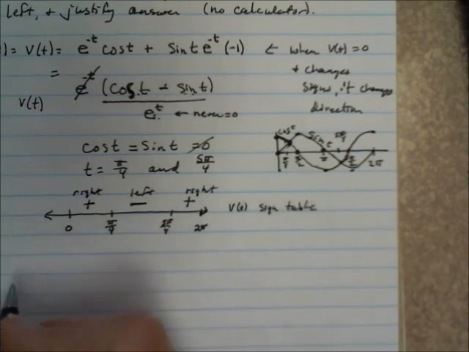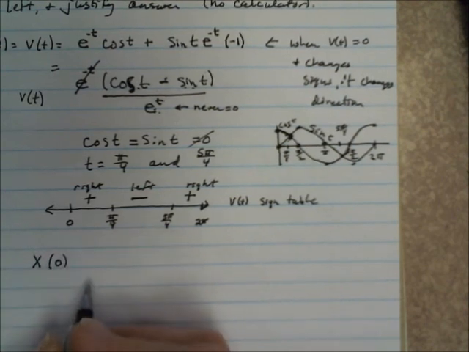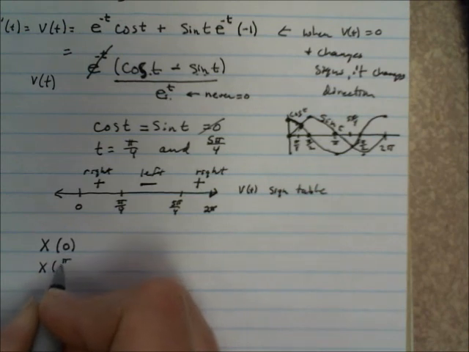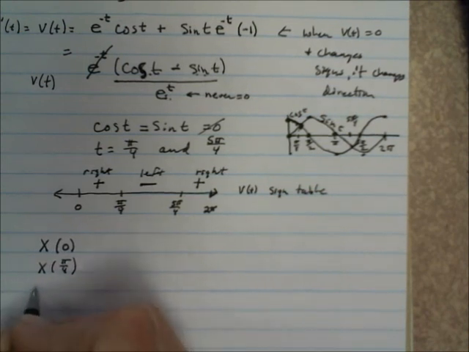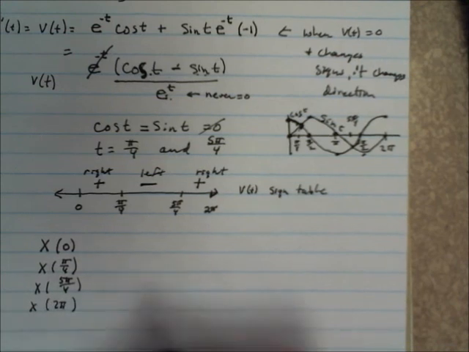So we're going to find some positions at those critical values. The critical values are x of 0, the endpoint, x of pi over 4, x of 5 pi over 4, and x of 2 pi.